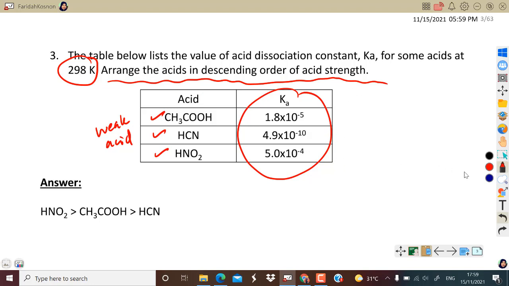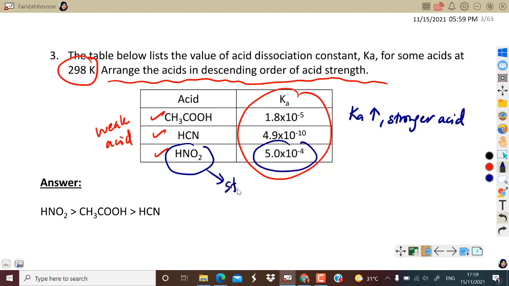Okay, so just now, I've mentioned to you, when the Ka value is greater, it is a stronger acid. So, by referring to the Ka values, we can see here the nitrous acid HNO2 has the largest Ka value. So, nitrous acid is the strongest acid in this question.